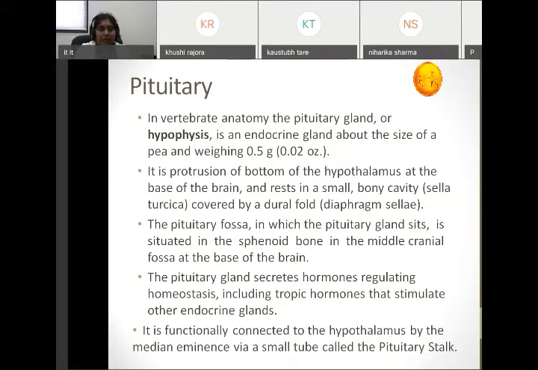The pituitary gland secretes hormones regulating homeostasis, including trophic hormones that stimulate other endocrine glands. Trophic hormones are somatotroph, lactotrophs, like that. It is functionally connected to the hypothalamus by the median eminence via a small tube called the pituitary stalk or hypophyseal stalk.